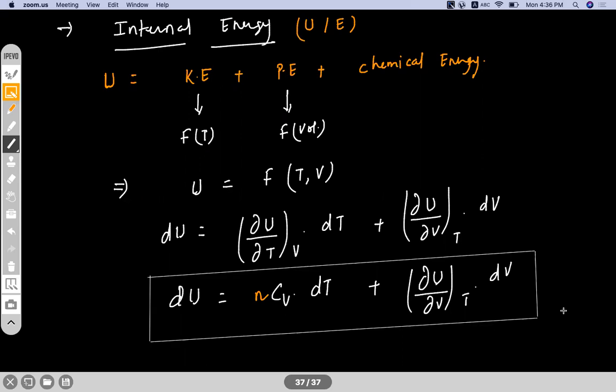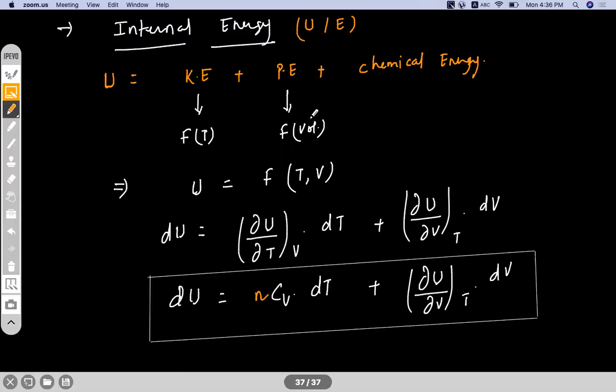Now listen to me. The actual formula for dU is this. The change in internal energy is this. How do we get this formula? From this relation, we understood that internal energy is a function of temperature and volume.